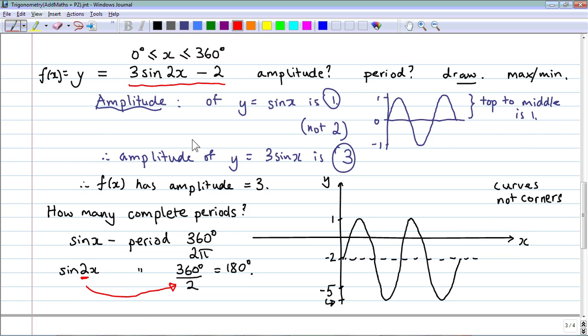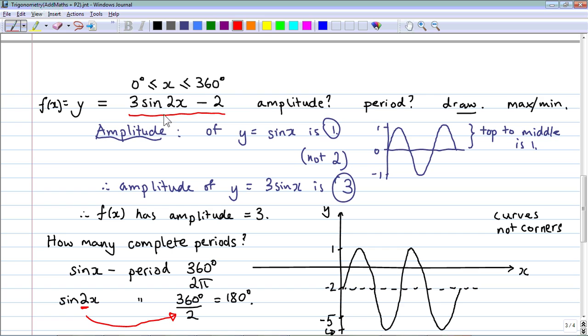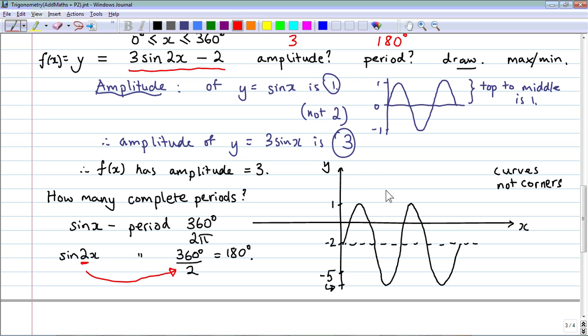So for that reason we see that between 0 and 360, given that the period, we've just decided, is 180, the amplitude is 3, we see that there are 2 complete periods. So this is actually the correct answer, although very badly drawn. That's 1 period going up to 180, and that's 2 periods going up to 360.